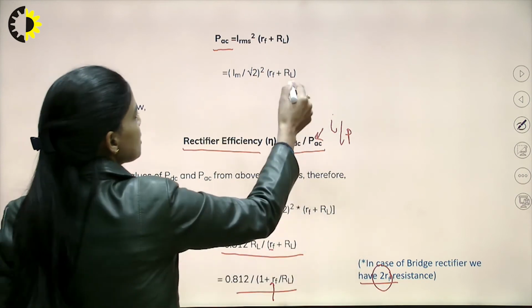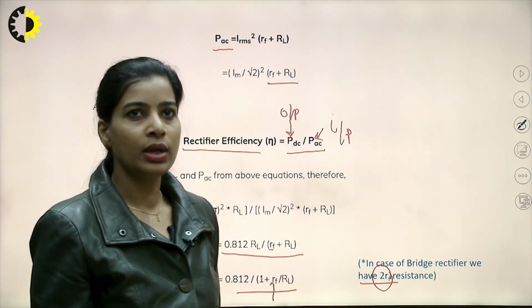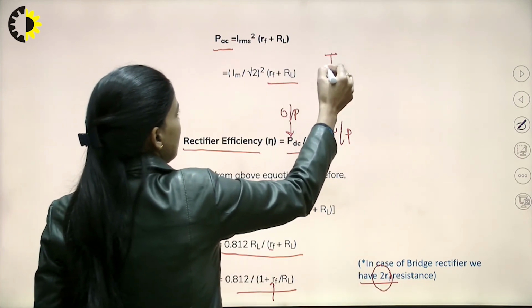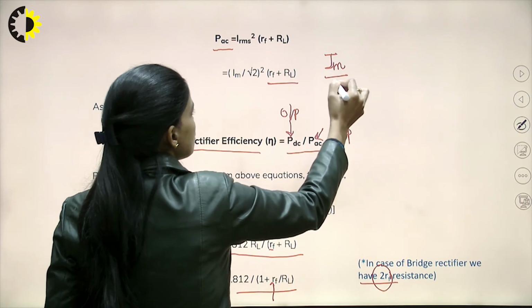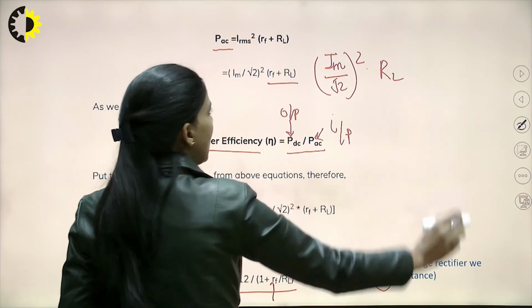And here in this expression, if we are considering the diode without any forward resistance, then we will have the value as Im by root 2 whole square multiplied by RL.